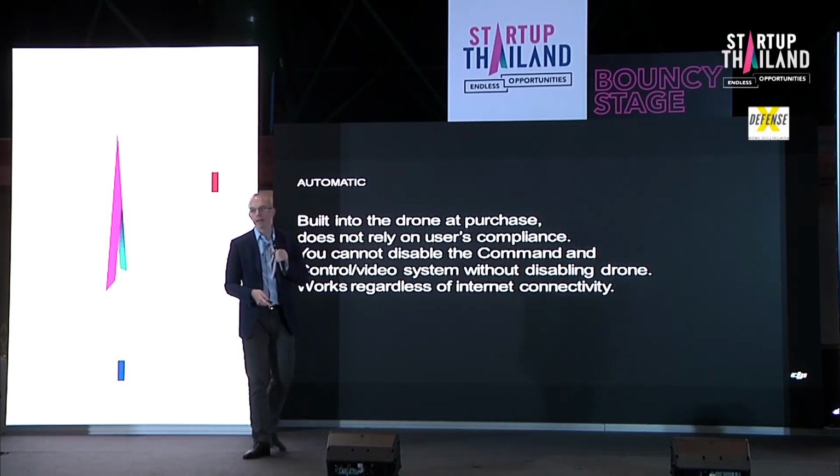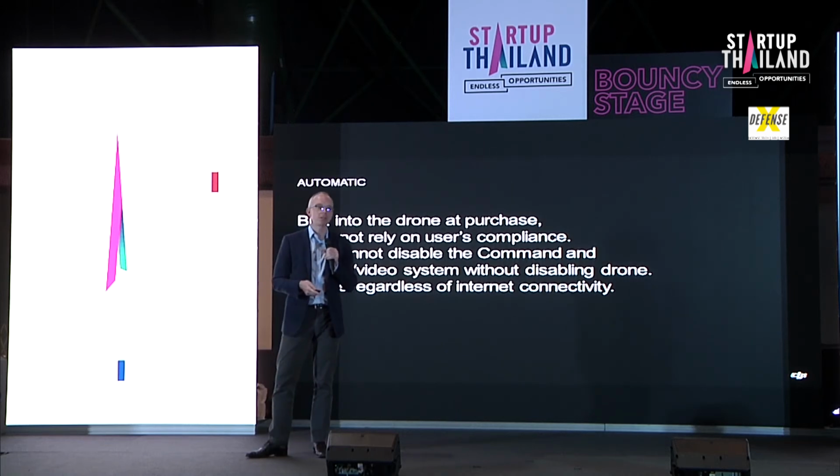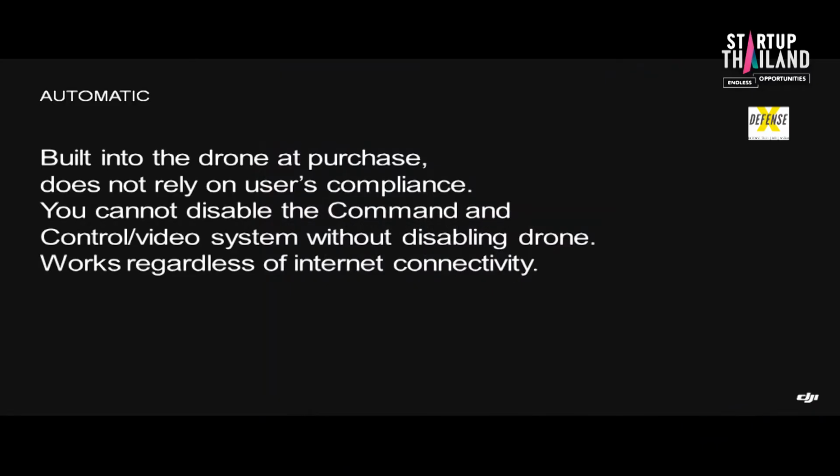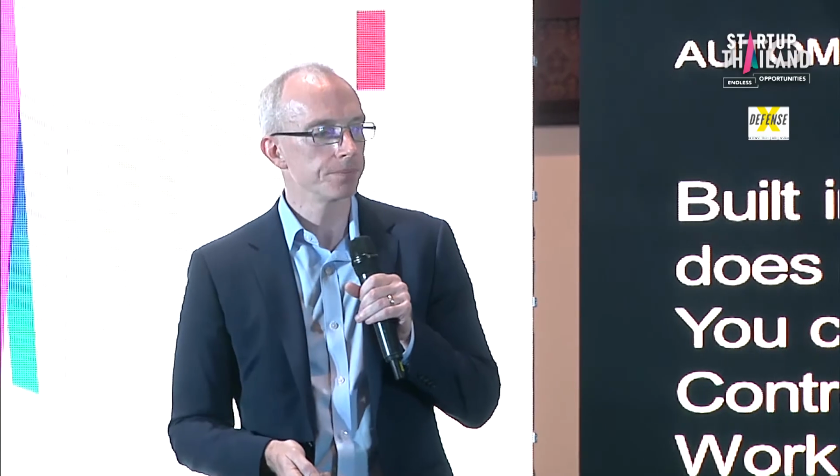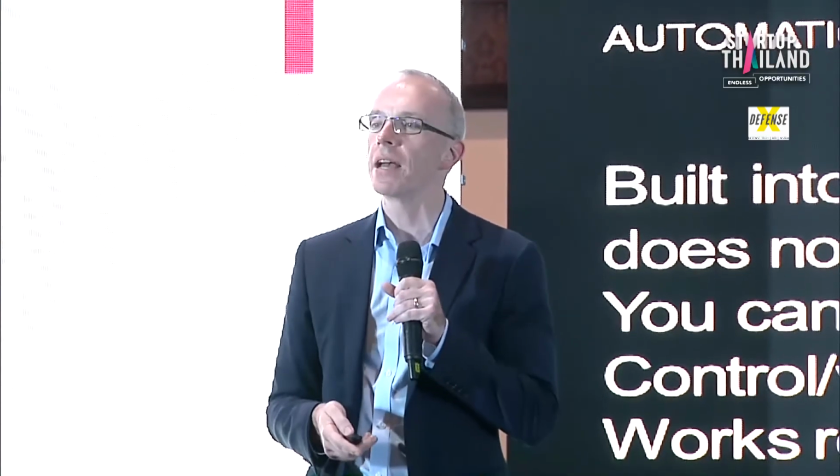It also has to be automatic. So there can't be any way for people to turn this thing off. It has to literally be built into the drone at purchase. And that's one of the key things when you have a command and control system. Like I said, every drone that has a controller is actually susceptible to this technology. And you want it to work regardless of internet connectivity.